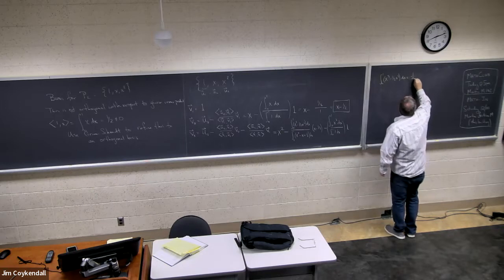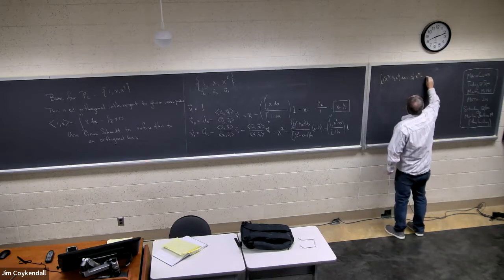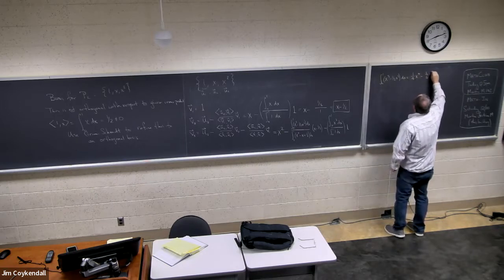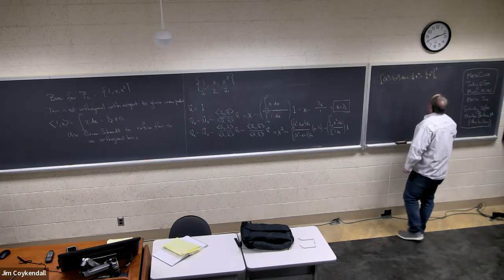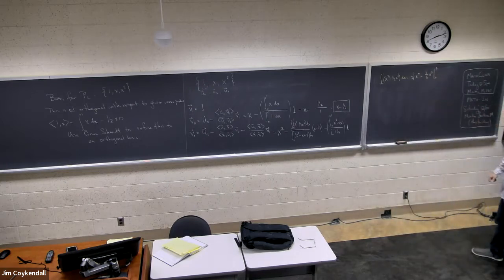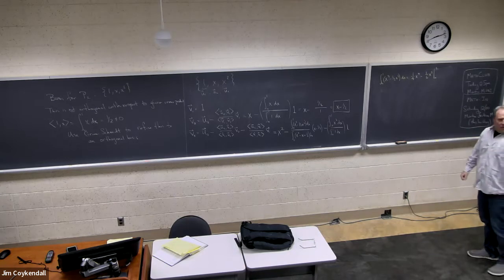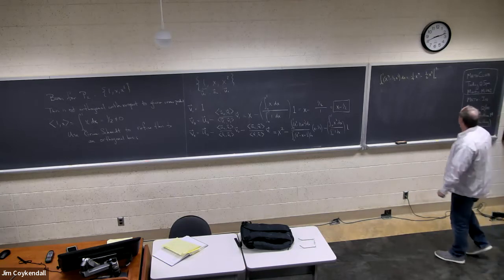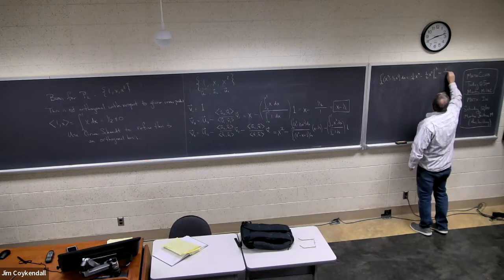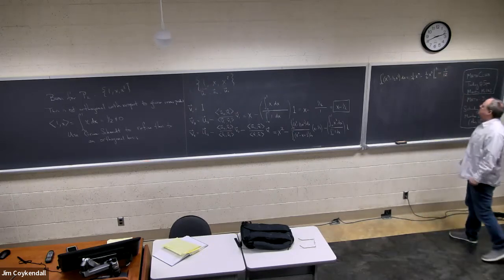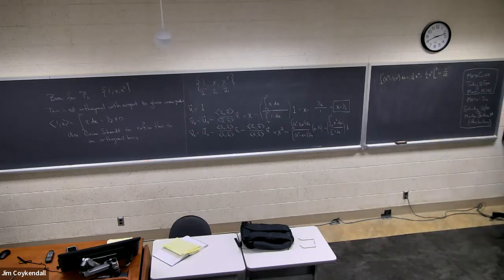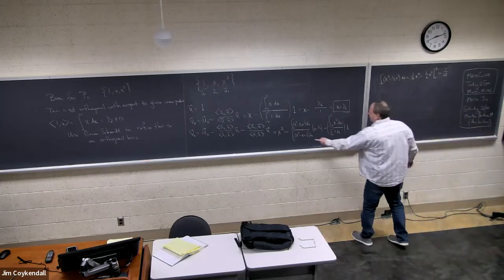This is 1/4 x^4 minus 1/6 x cubed evaluated from 0 to 1, plus 1/4 minus 1/6, which is 1/12. And let's see what else I got here. I got to figure out this thing here.